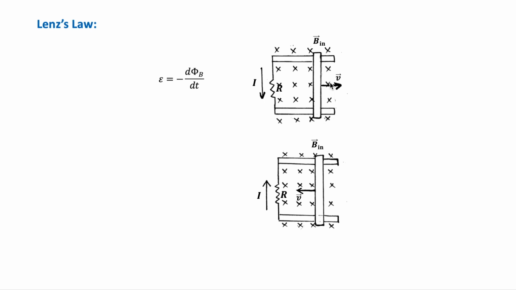And this will in turn increase the induced current, which will increase the force, which will increase the current, and so on. And this would violate the law of conservation of energy because in this case the system would be acquiring energy with no additional input energy. And this is why the induced current in this case must be counterclockwise.